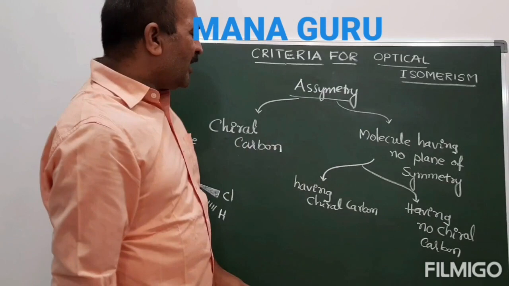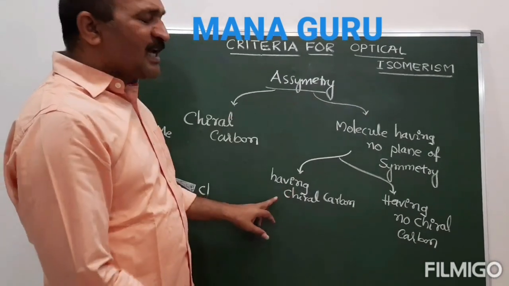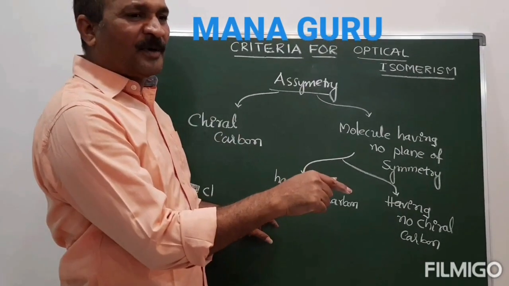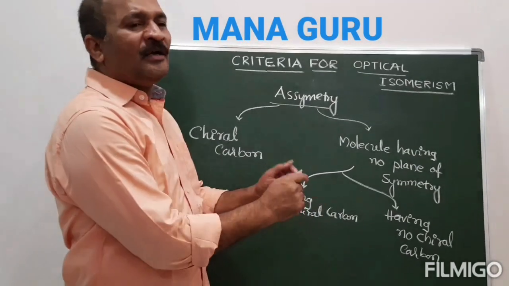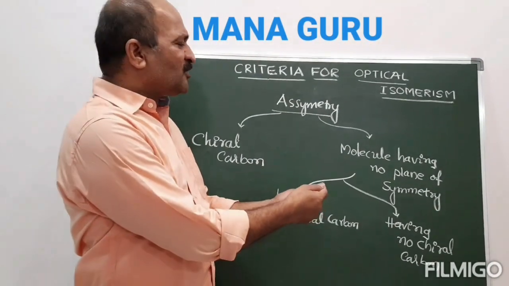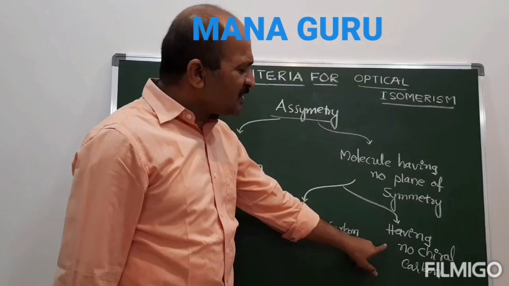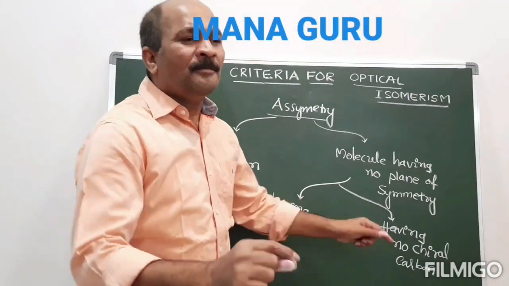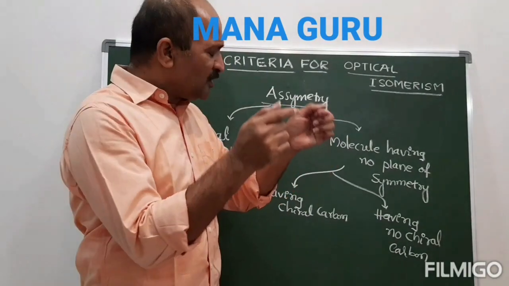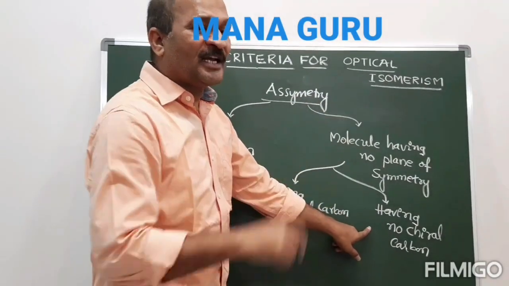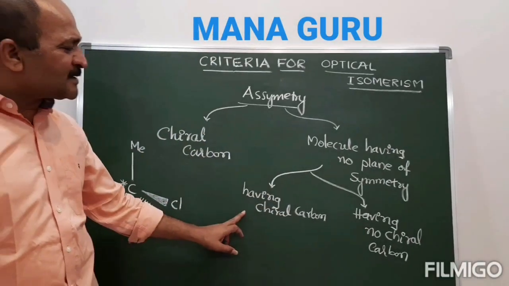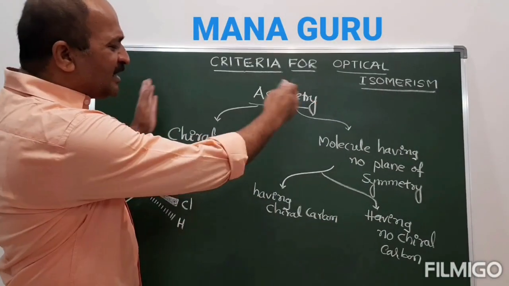Come to another point. Sometimes molecules having more than one chiral carbon may have a plane of symmetry or may not have a plane of symmetry. And sometimes they have no chiral carbon but have no plane of symmetry. In such a case also it exhibits optical isomerism. I want to explain these two in detail.